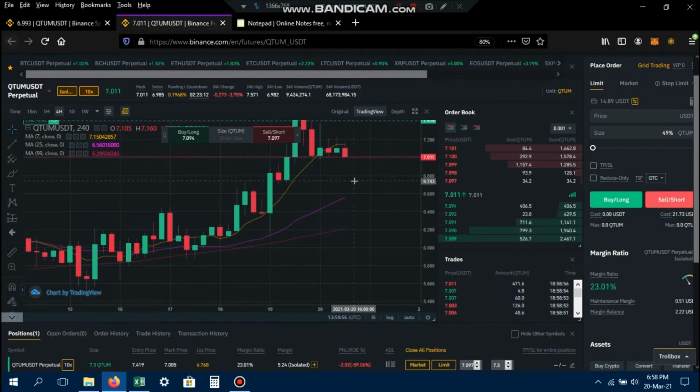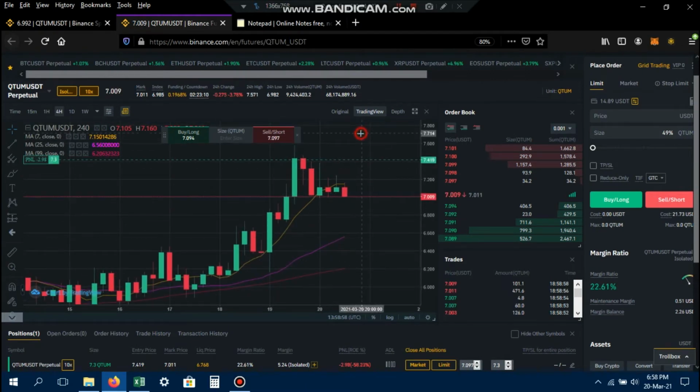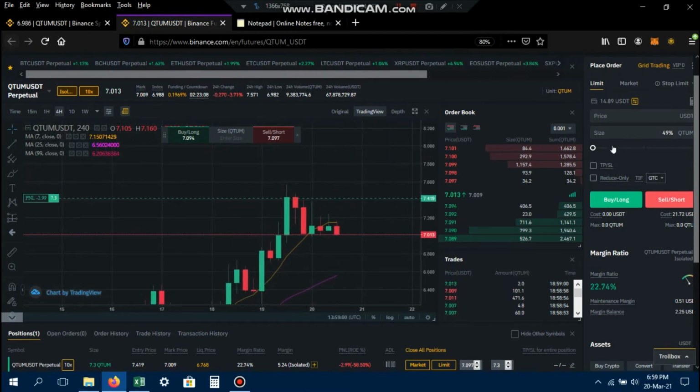But in future trading, this option is a little bit the same but different. Over here, the same, you can buy the coin at market price or limit price. The market price is 7.001. You may write 6.89, assuming that this would be the price. You write it over here, then you select the percentage, how much you want to invest.